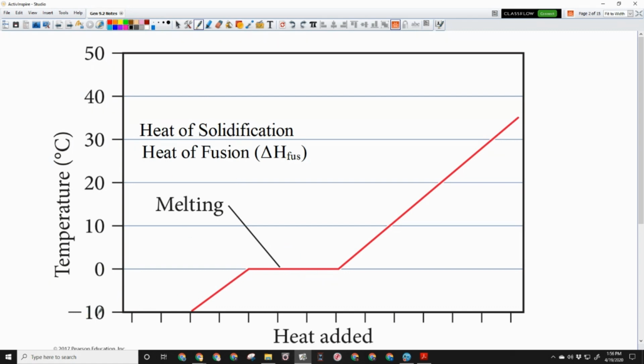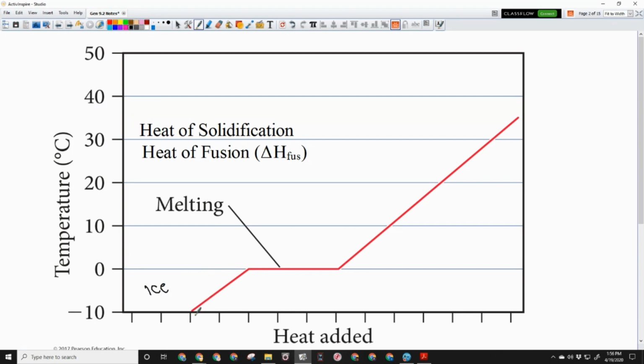It starts off at negative 10 degrees here. The y-axis is temperature and the x-axis is the amount of heat that's being added. This sloped area from negative 10 degrees up to 0 degrees, for water, is when water is a solid, and we call solid water ice.